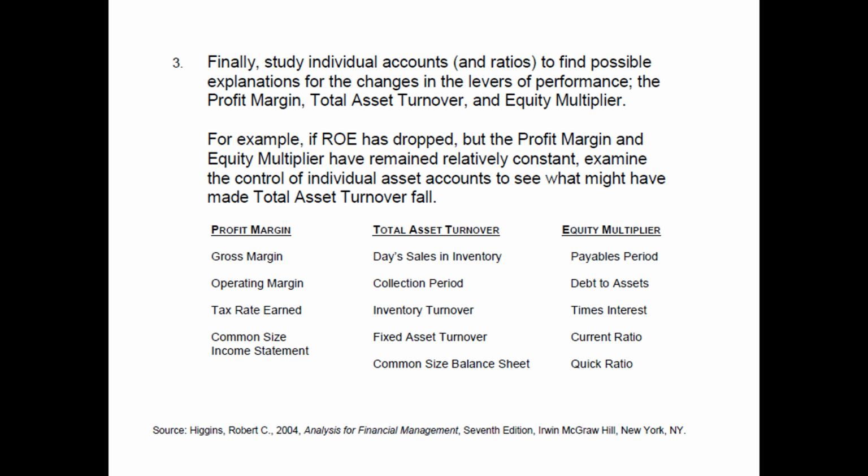So sometimes it's possible to find explanations by detangling and unpacking the levers that are beneath the ratios. But these are just some examples of how to unpack each of those components in the DuPont analysis of return on equity.